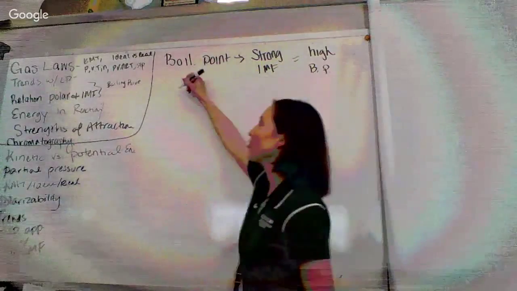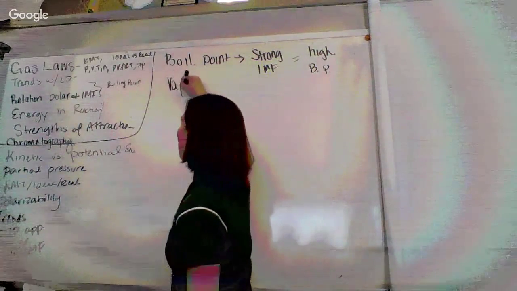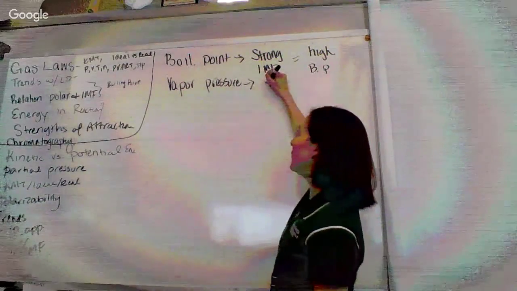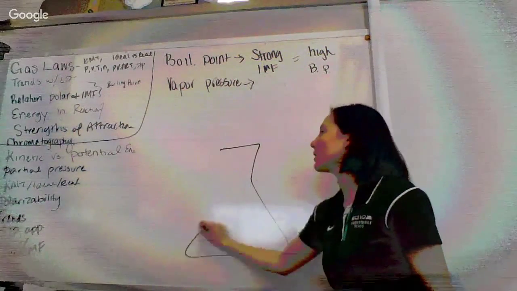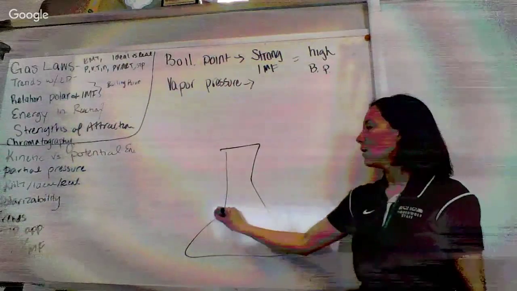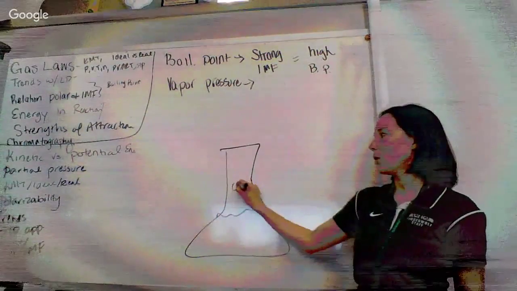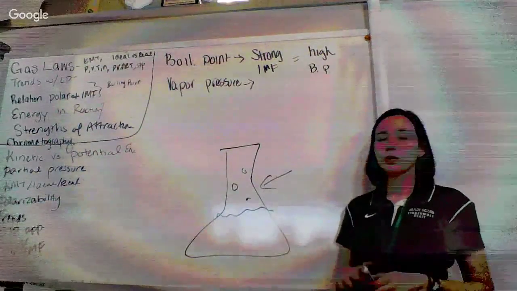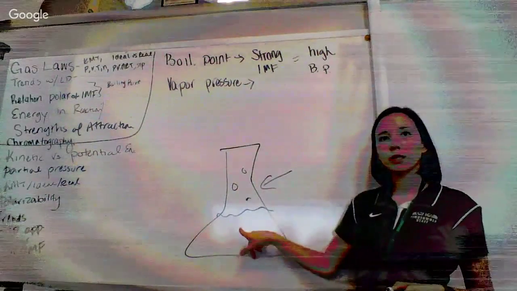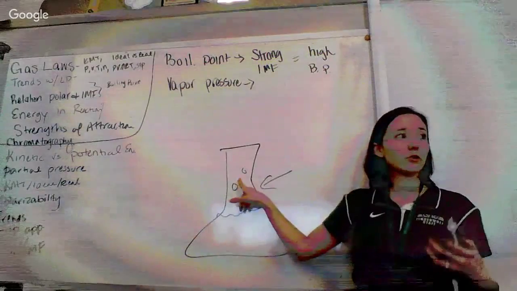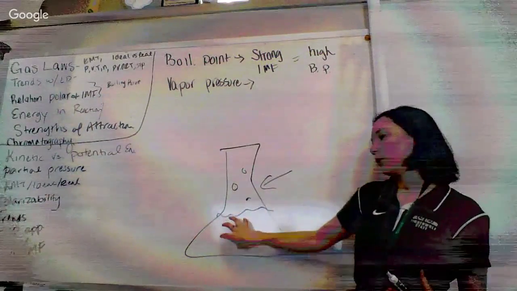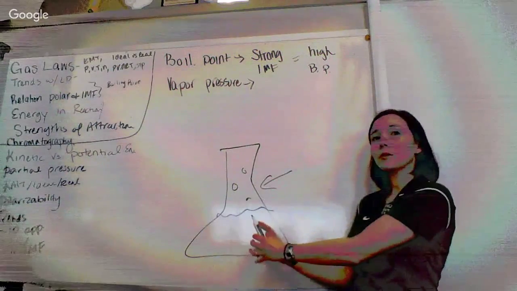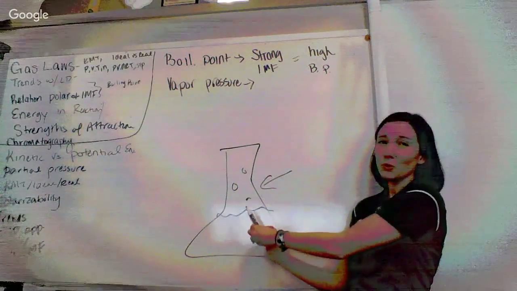Okay, vapor pressure would be the next big one. And so vapor pressure, remember, is that picture, it's terrible flats. You have your substance in here, and so vapor pressure is about what's happening up here. How much of your gas broke free of the liquid to become in the space up here. So you could measure that pressure. So if we're talking about being able to break free, the strength of your intermolecular forces is going to hold those molecules together.